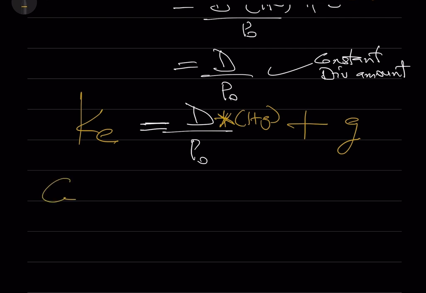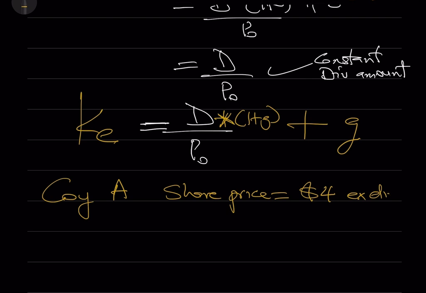So let's assume company A has a share price of $4, ex-div, to make life easy for you. Dividend paid, let's say 20 cents.